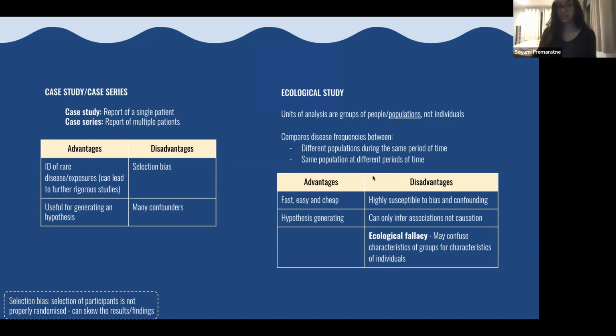One key disadvantage of an ecological study, which I will touch on, is the ecological fallacy. This is pretty much where we might attribute the characteristics of the group to the individuals.